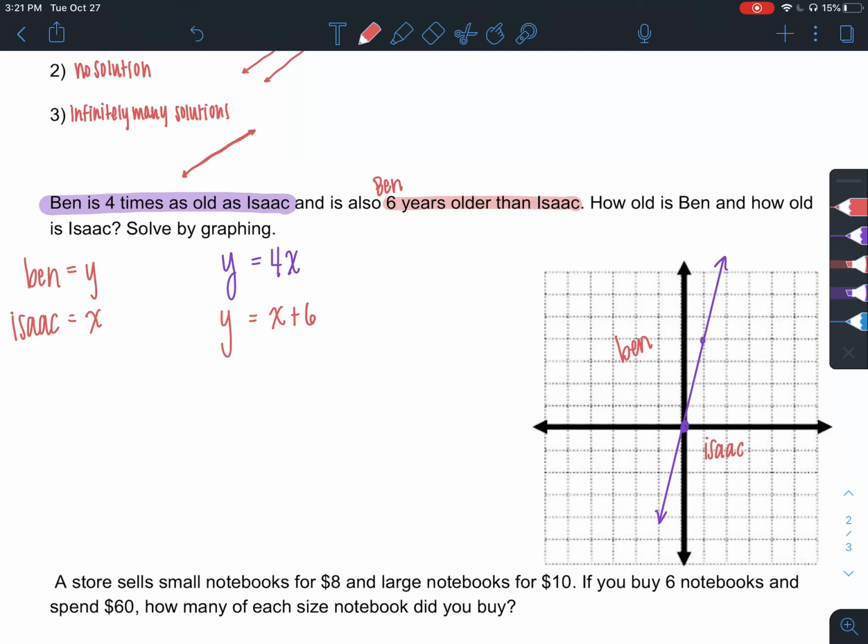So 1, 2, 3, 4, 5, 6. And then we'll graph that point. Ugh, it's not working for me here.